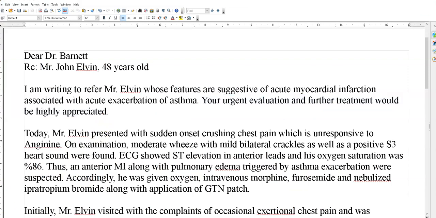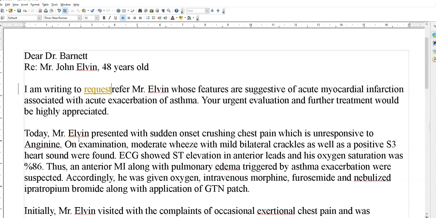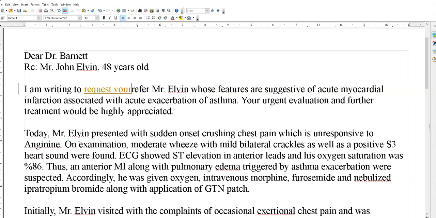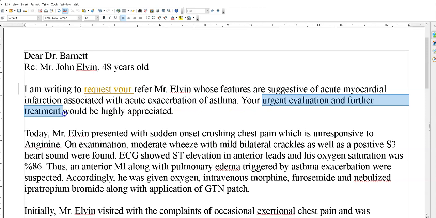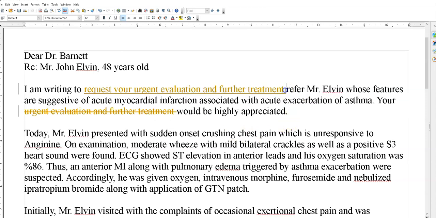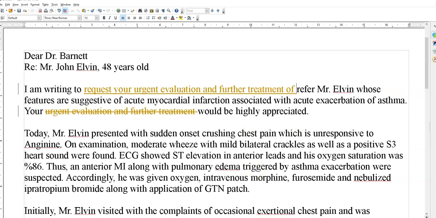So, if we want to do it in the same way as those examples, then you would do, I'm writing to request your urgent evaluation and further assessment of. Let me just drag that. There we go. Further evaluation, further treatment of Mr. Elvin, whose features are suggestive of blah blah blah.